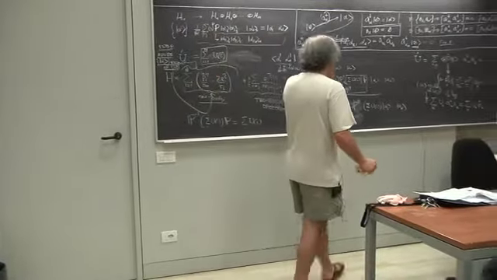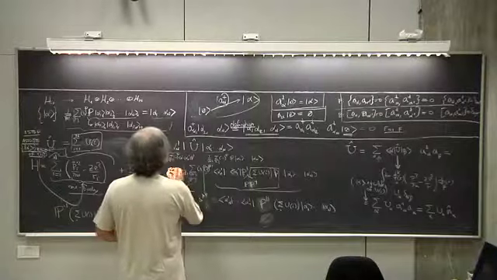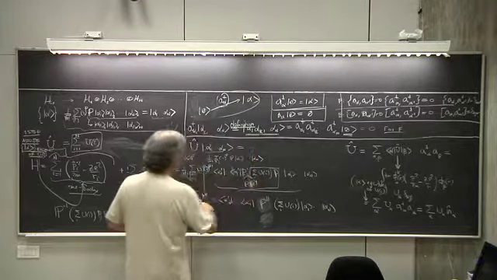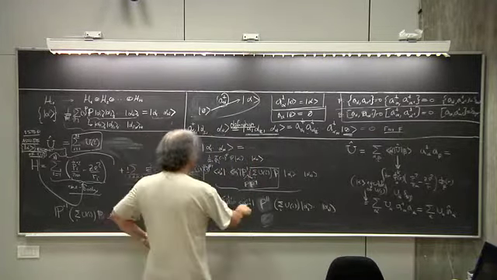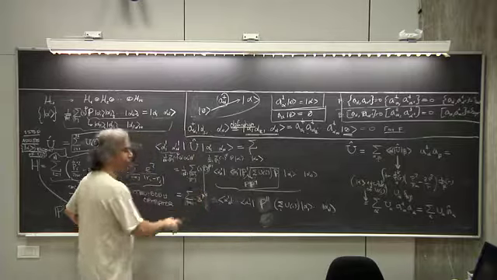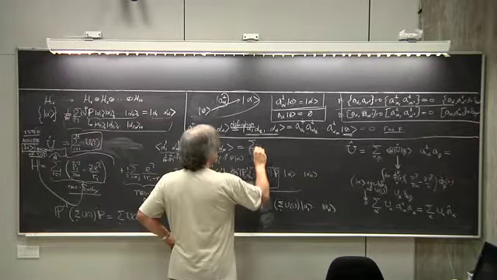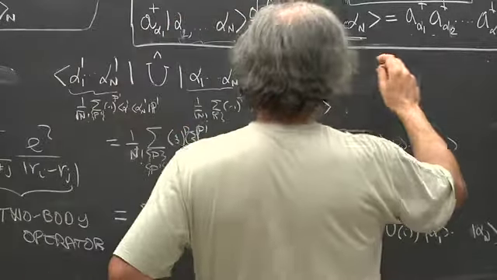Now, this object, obviously, let me write it explicitly. I should write it here, perhaps. So this is equal to the sum over all permutations. Rather than p second, let me just call it again p. The sum over all permutations p of c to the p. And then I have here the operator p acting on the state, which means what?